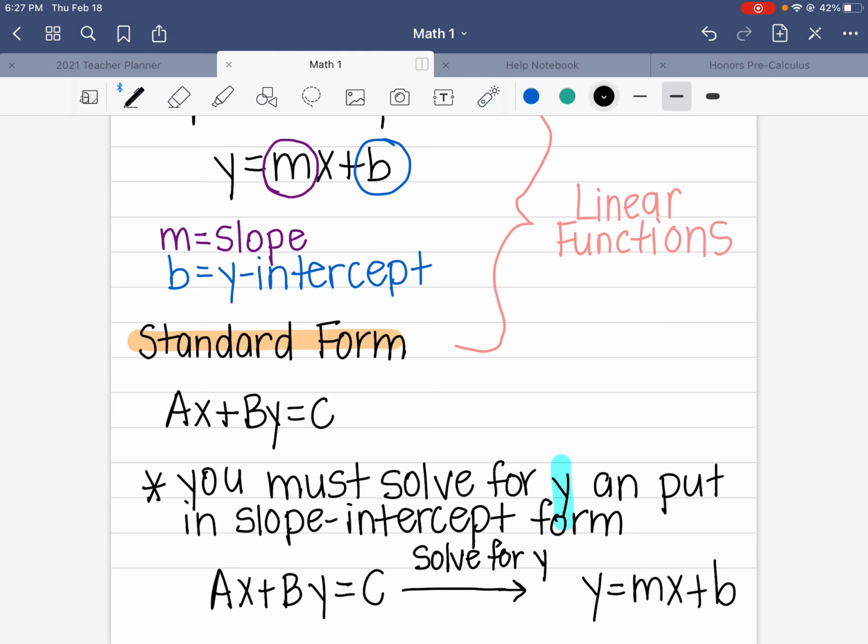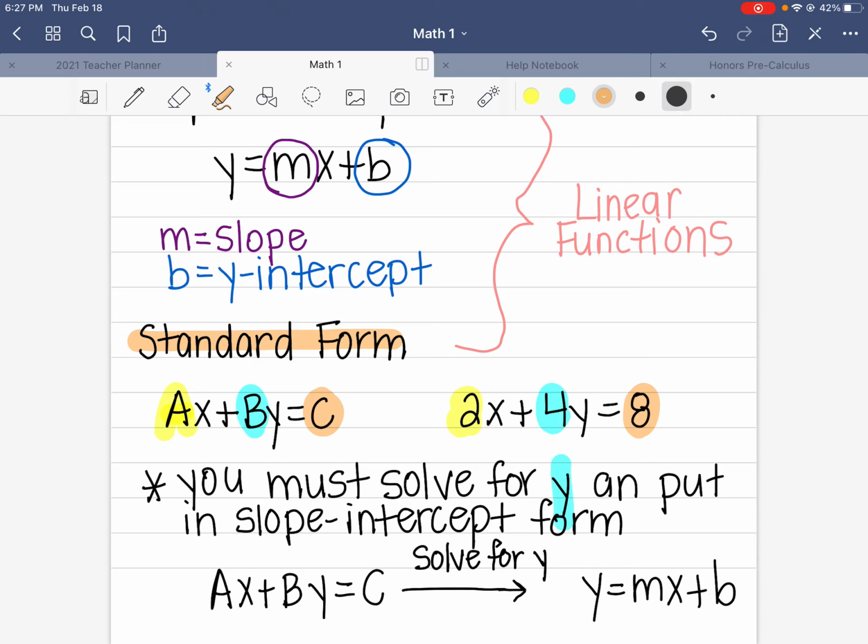An example of that would be 2x plus 4y equals 8. In this example, the a is my 2, the b is my 4, and the c is my 8. So x and y are still the variables, but it is rearranged.